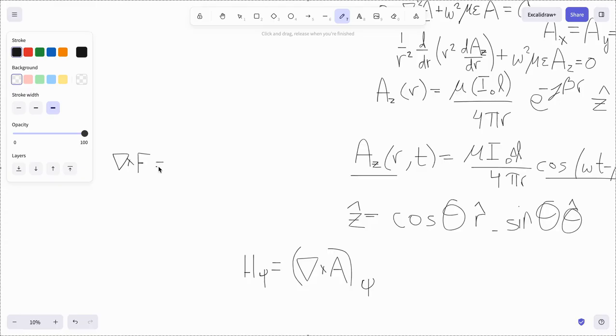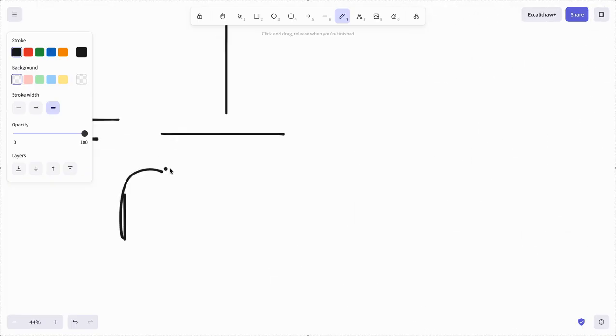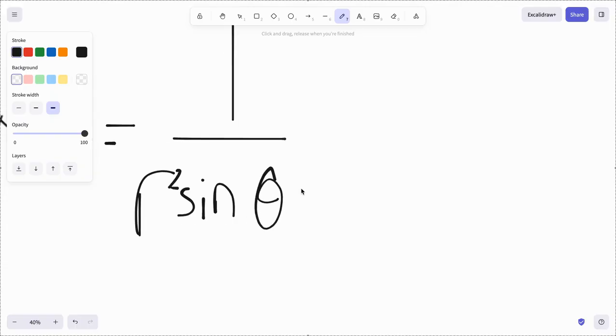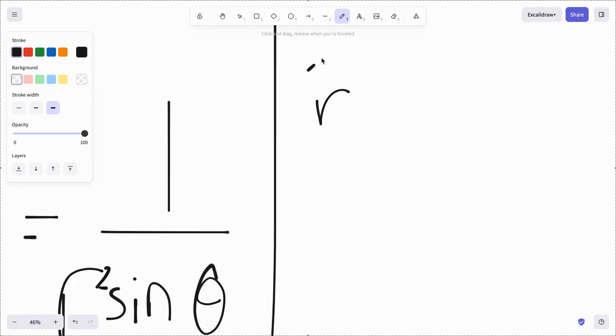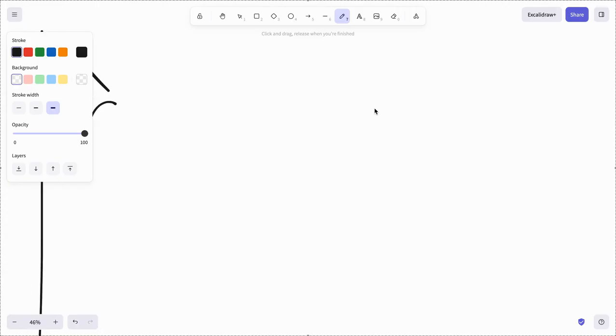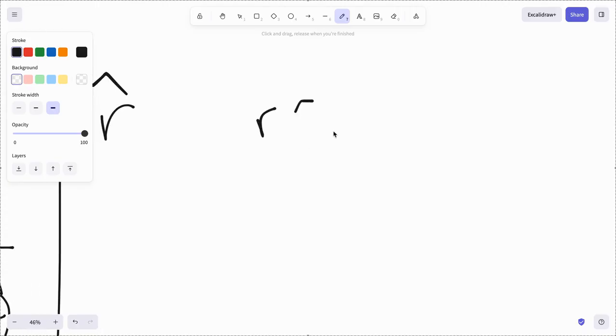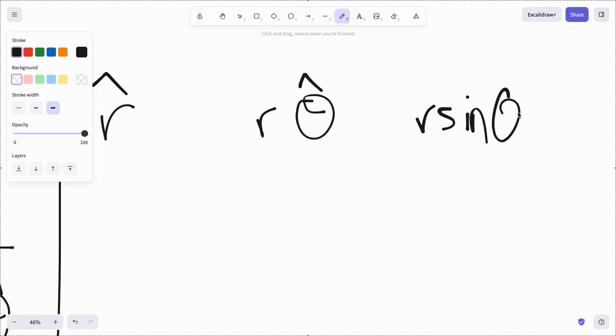The curl of f in spherical coordinates is 1 over r squared sine theta and then the determinant of r-hat times r, theta-hat, and then r sine theta phi-hat, or omega, sorry.